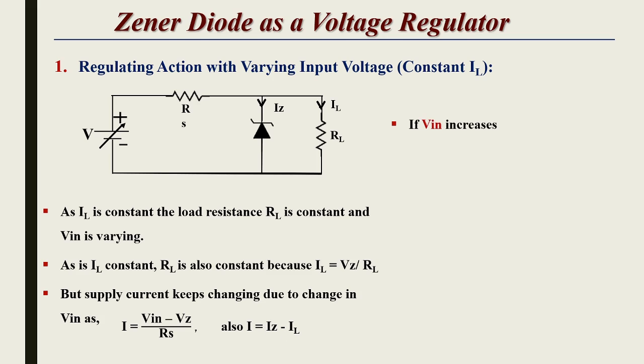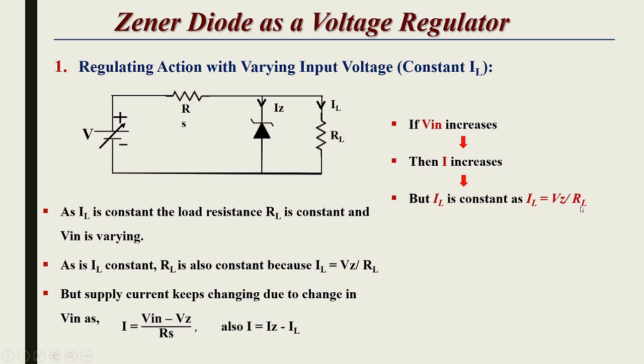If we increase the Vin, what happens? Then I will increase because I depends on the input voltage Vin. But IL is constant, as IL is equal to Vz by RL, that is IL depends on the voltage drop across this diode Vz and the load resistance RL.